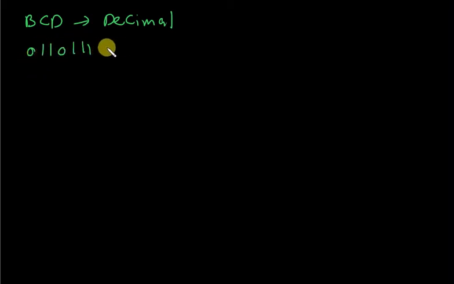Okay, in order to do BCD to decimal, if I have a number 1, I don't really care how many I put, and I will show you why. Okay, this is my BCD number and I want to convert this to decimal.